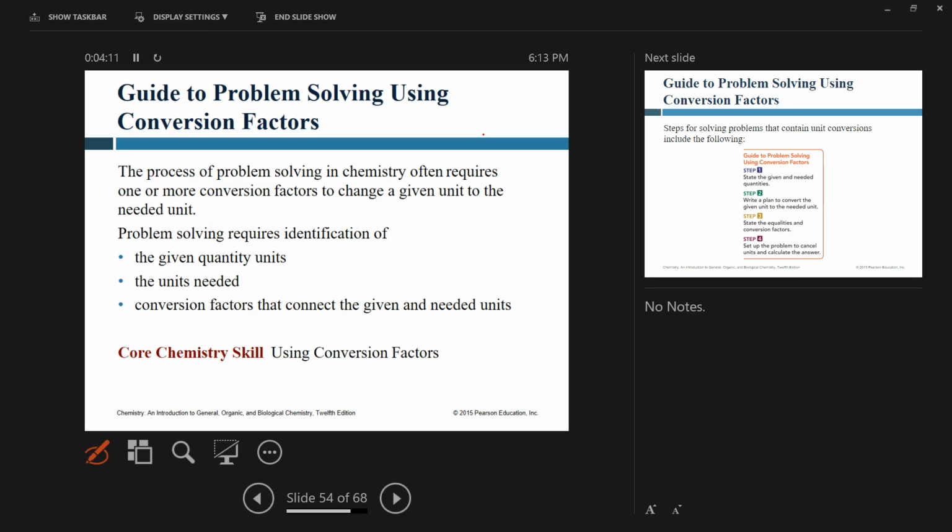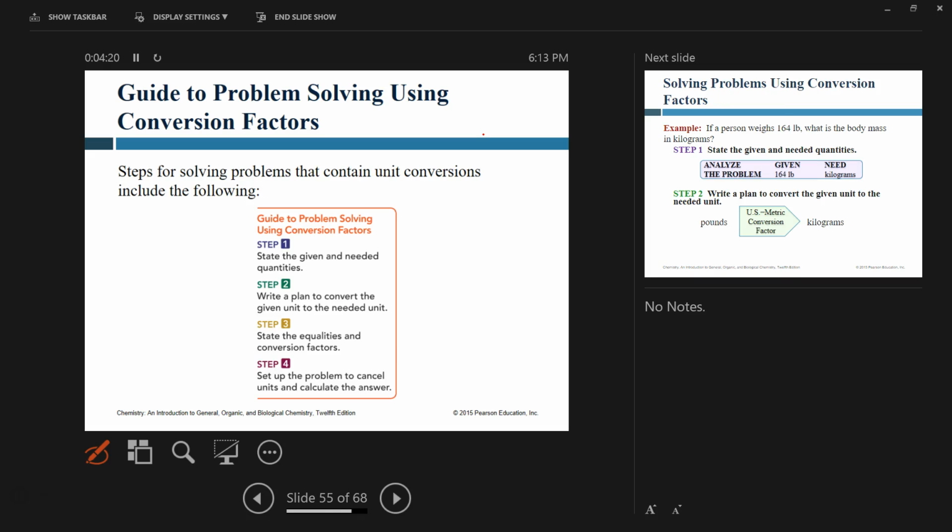However, we may need to use conversion factors when we solve multi-step problems. So in order to solve the problem, it's key to write down what you have and what you need to find. It's really important. I'm not kidding. If you can do it in your head and give me the answer, well, good for you. But the more complex the problem is, the harder it is to do it.